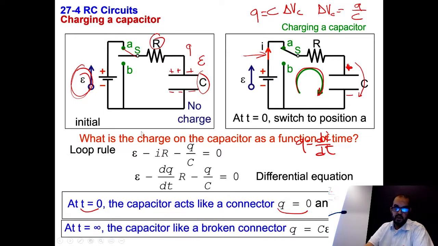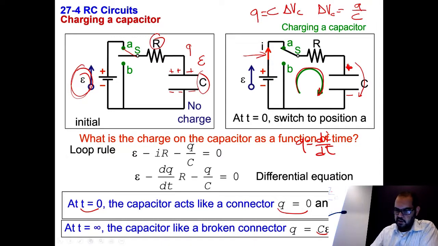At time t equals infinity, we know that the charge of the capacitor is going to be equal to C times the voltage, and the voltage will be the same as the voltage of the EMF. And at infinity, in steady state, there is no current flowing through the capacitor.